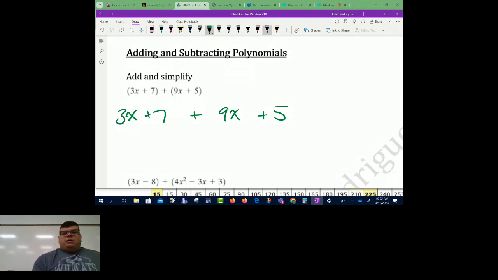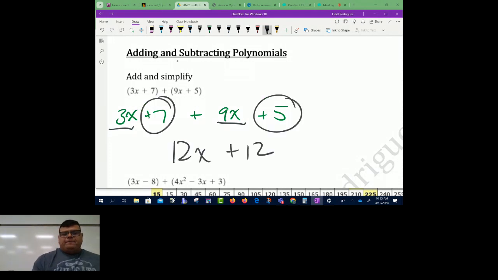The next step, y'all, I'm just combining like terms. So 3x and 9x is 12x, plus 7 plus 5, again, plus 12. Okay. So if I'm adding polynomials, y'all, I just rewrite the problem again without any parentheses and combine like terms.